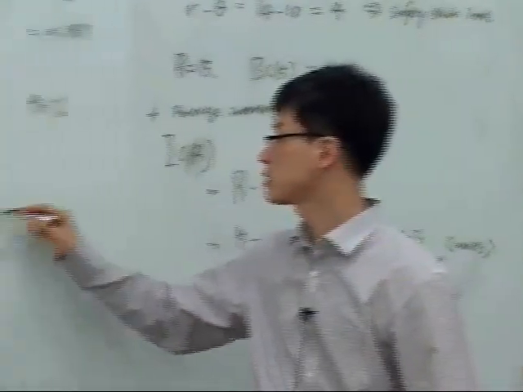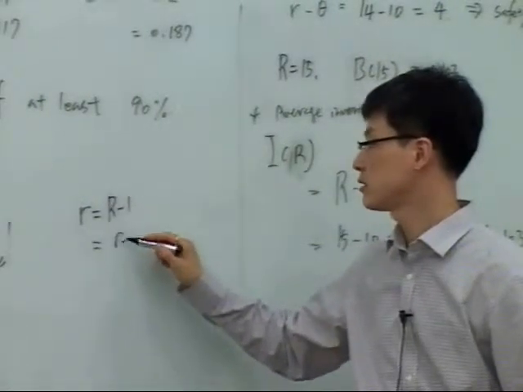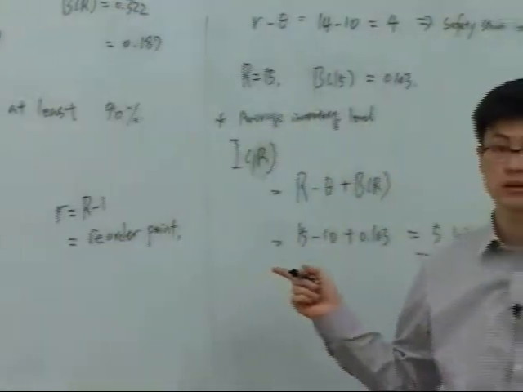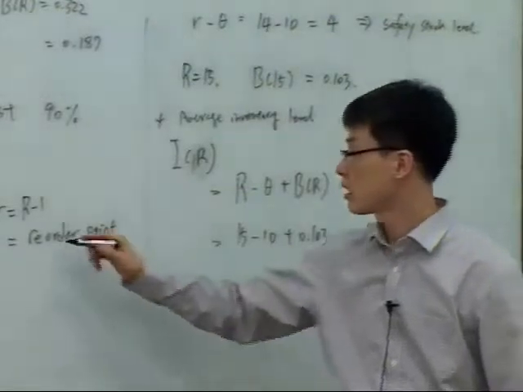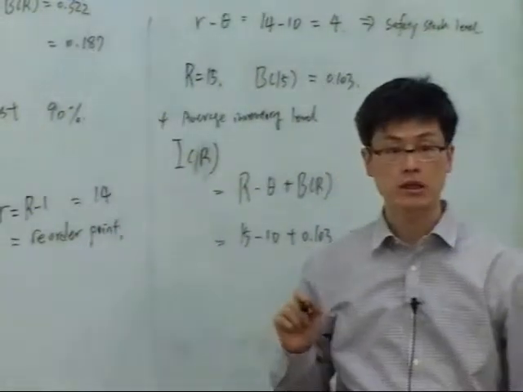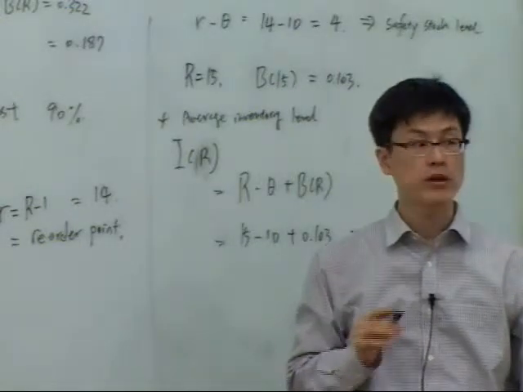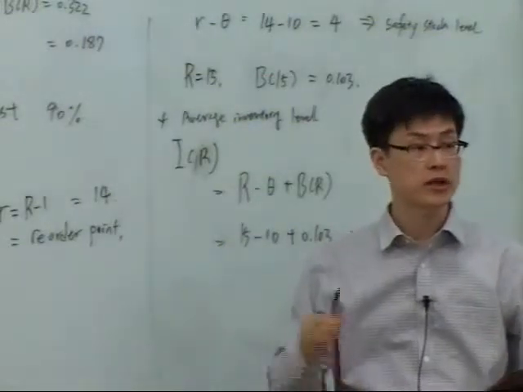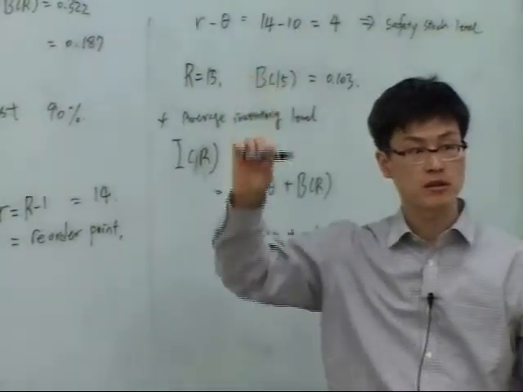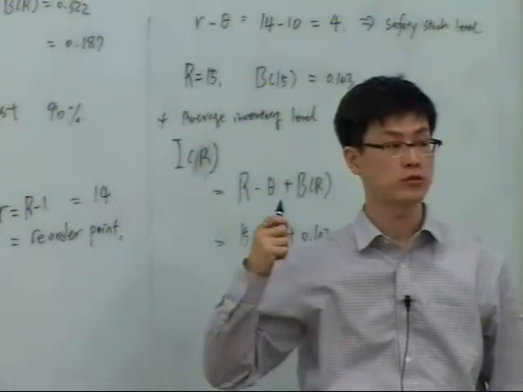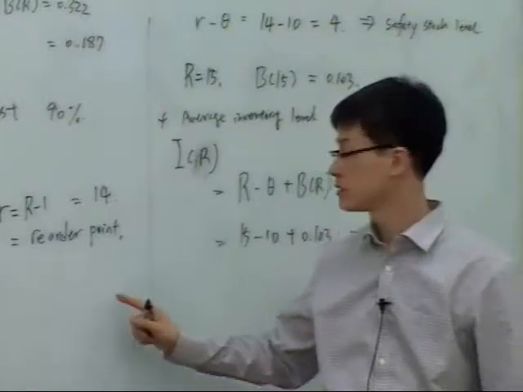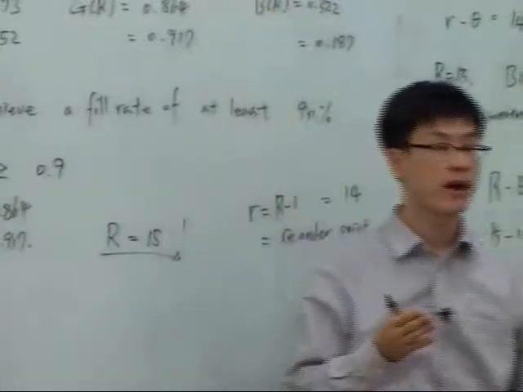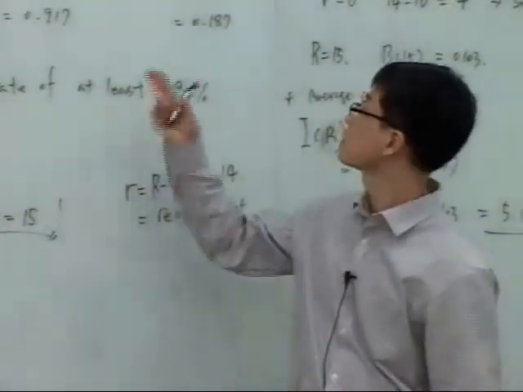And this R is the reorder point. In our calculation, R is 14. So when your inventory level reaches down to 14, you have to reorder. Then you can have a service level of 90%.